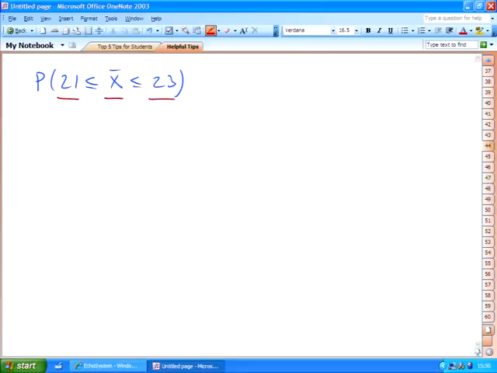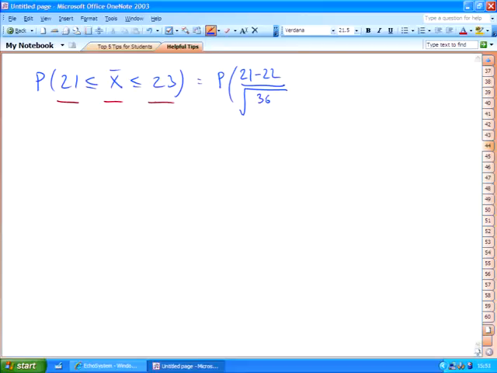But the standardization will just proceed in the usual way. So this will be the following: the probability of what? Well, 21 minus mu, so minus 22, divided by the standard error, so divided by sigma over root n, or the square root of sigma squared over n. I'm just going to write it like this for our purposes.